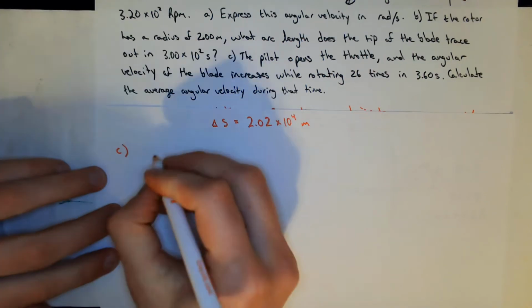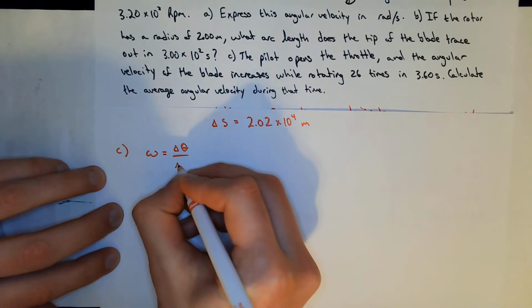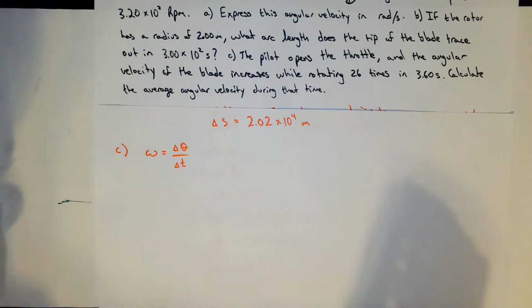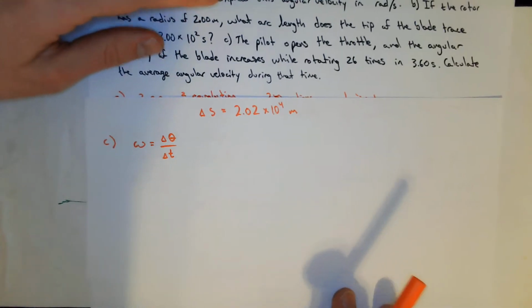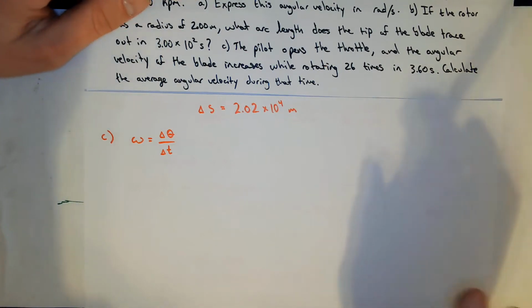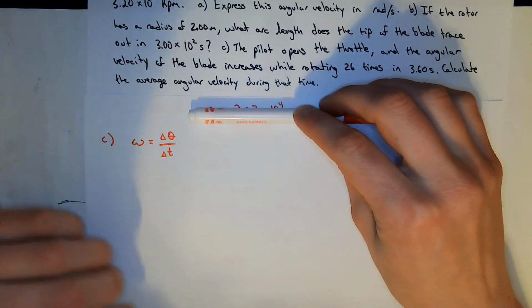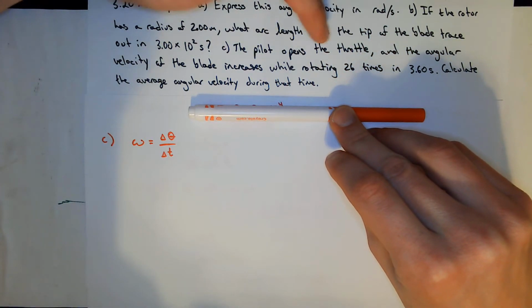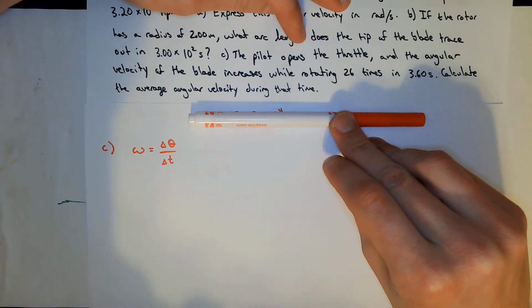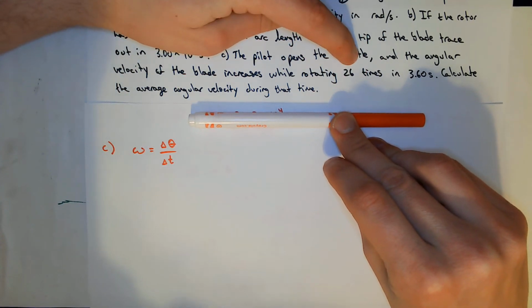Okay, well, I know that omega is equal to delta theta per delta t. Something to note is that the problem is not saying that the blade spins 26 more times than it normally would have.